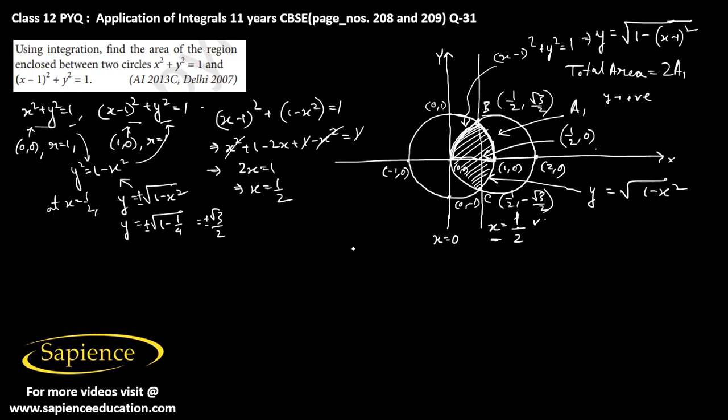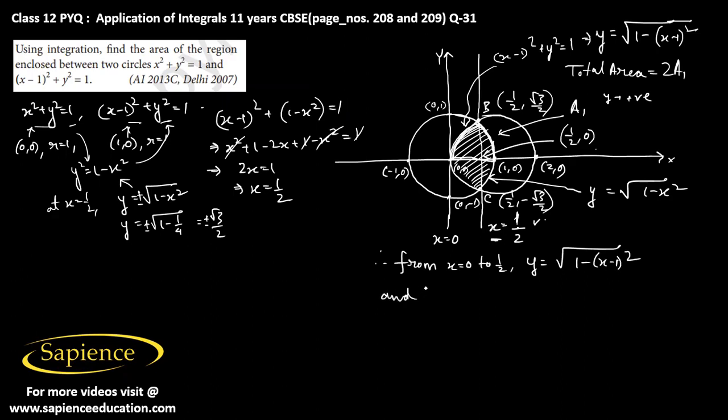So therefore from x equals to 0 to half, we should use the equation y equals to root over 1 minus x minus 1 whole square.